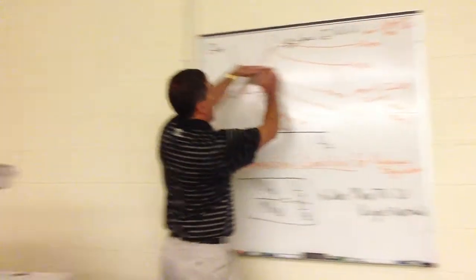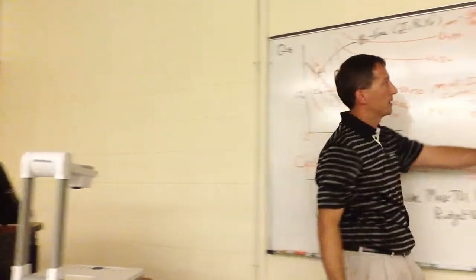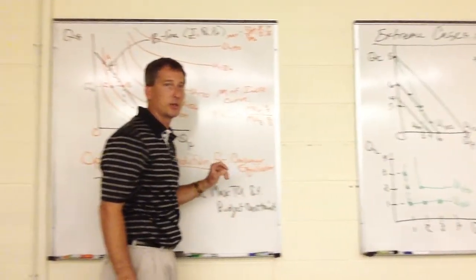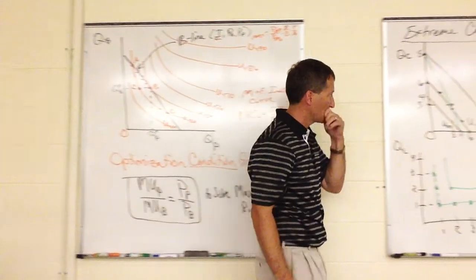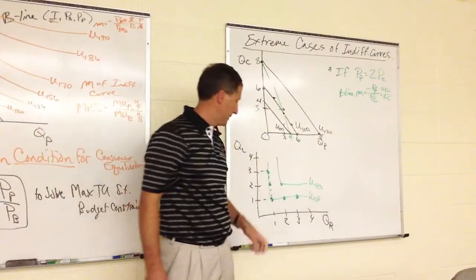And a real flat indifference curve, those two goods tend to be more substitutes with each other. So we start to kind of mimic the extreme cases. Okay, other questions there?